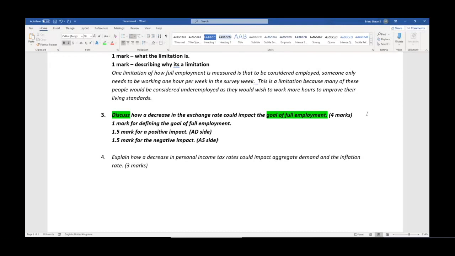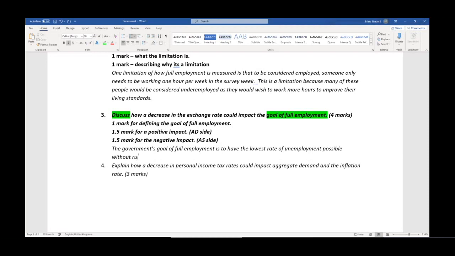So if we were to write this, first up, the government's goal of full employment is to have the lowest rate of unemployment possible without running into unnecessary external or inflationary pressures.